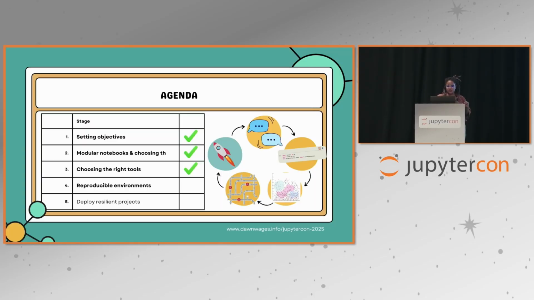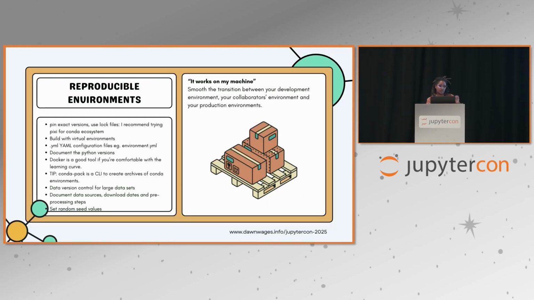Next, we'll talk about reproducible environments. This is my cup of tea. So here, this is a long page of recommendations on how to have reproducible environments. We'll highlight a few of them, but you'll want to pin the exact version and use lock files. I recommend using Pixi for the Conda ecosystem. Build with virtual environments. Conda is a virtual environment, but you can also have Docker.